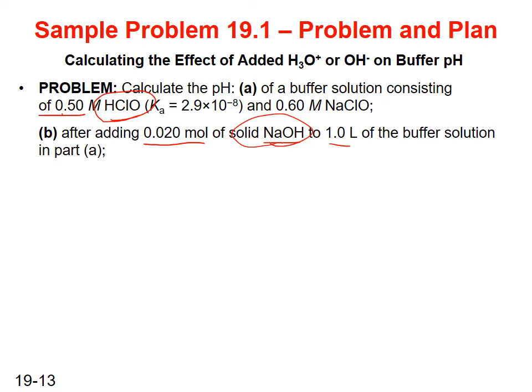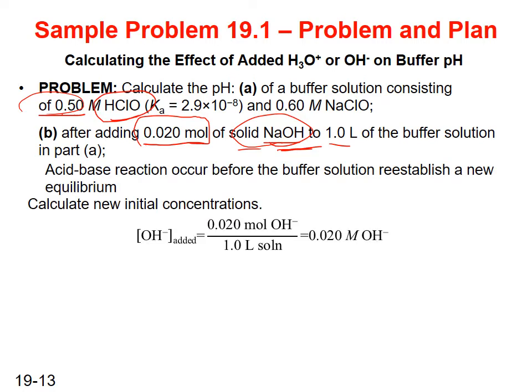So in order to calculate the new initial concentration of the weak acid, we need to know the concentration of hydroxide added. Here, 0.02 is the number of moles. So we need to calculate the concentration, which is number of moles divided by volume, and that gives you 0.02 molarity. So this is the concentration of hydroxide added to the buffer solution.